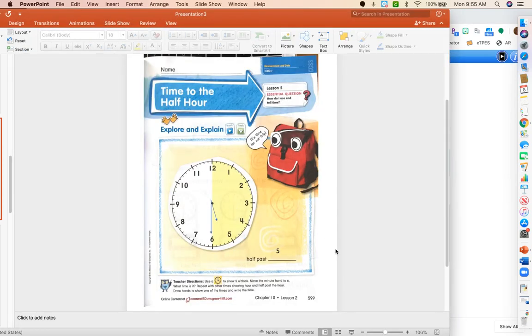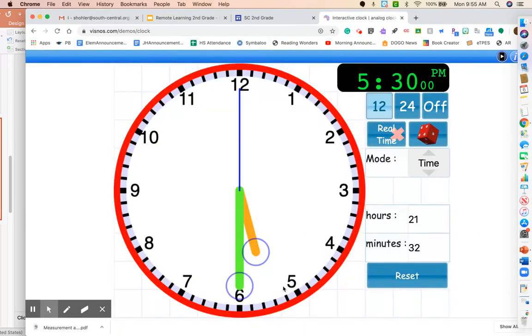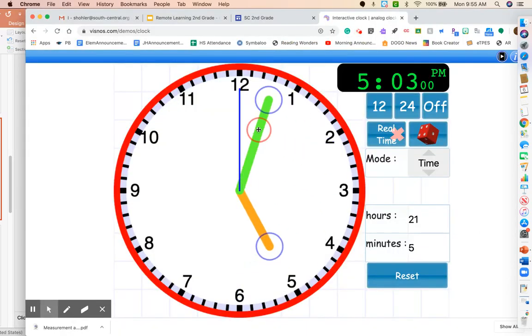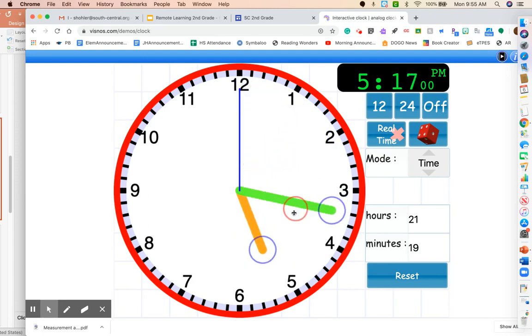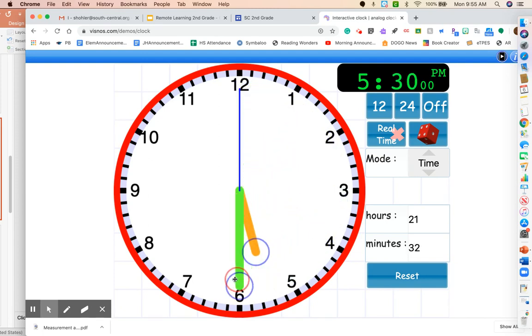Now, I need you to make sure that you're paying attention. This hour hand is not pointing directly to the 5. I'm going to flip back over here to my clock. Look, because it says 5:30, each time this minute hand goes around the clock, my hour hand is moving as well. So you need to make sure that you put your hour hand in between the 5 and the 6. That's a common mistake that second graders do.